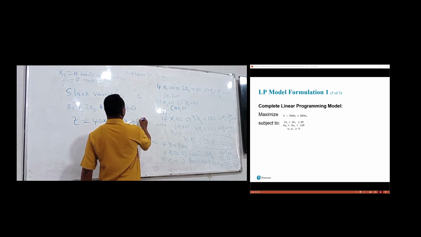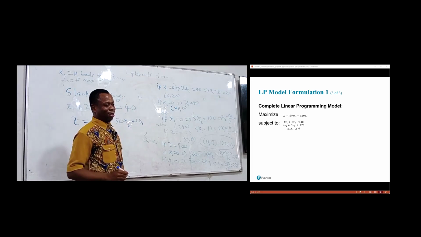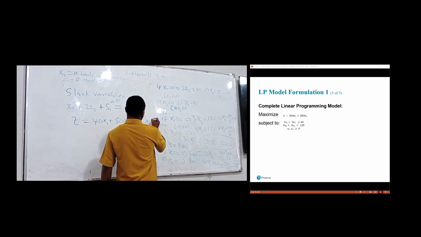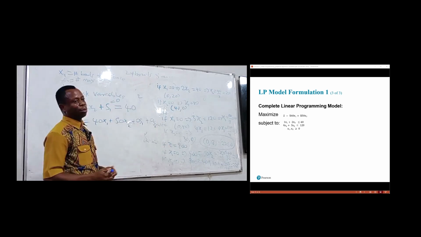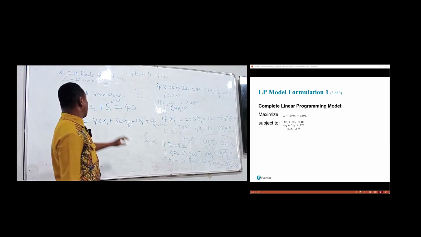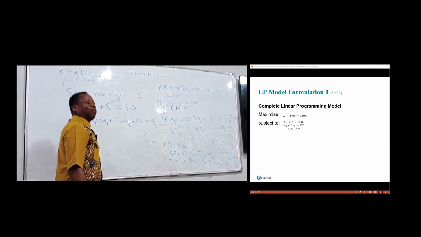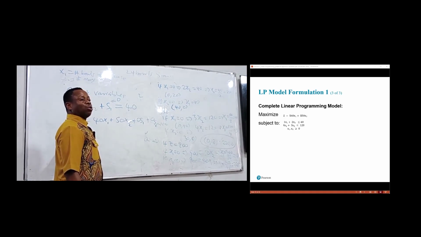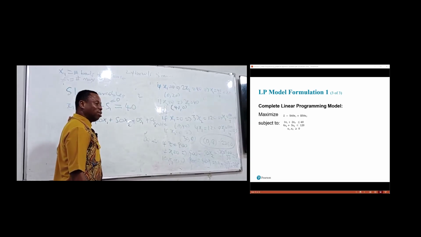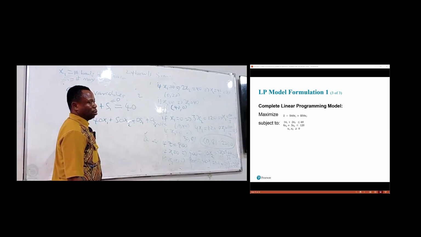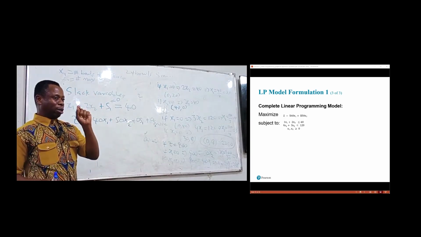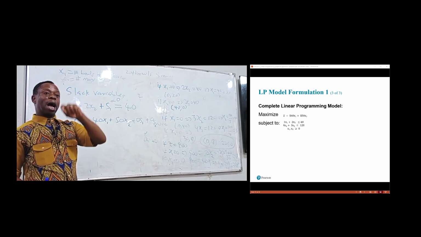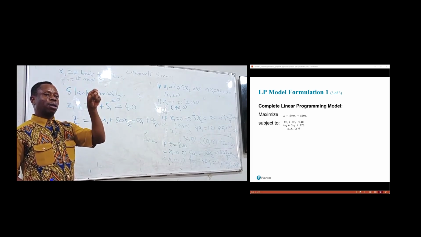Plus 0 S1. Plus 0 what? S2. Because the slack does not affect the objective function. It only affects what? The constraints. And the constraints are first stated with what? Inequality. But you use the slack to convert them to what? Equality.